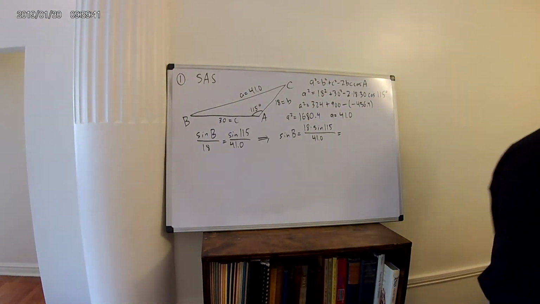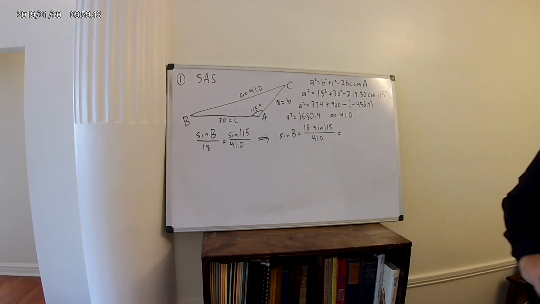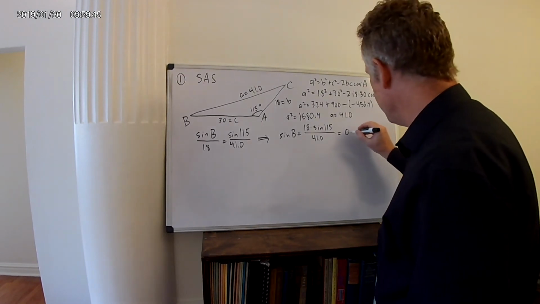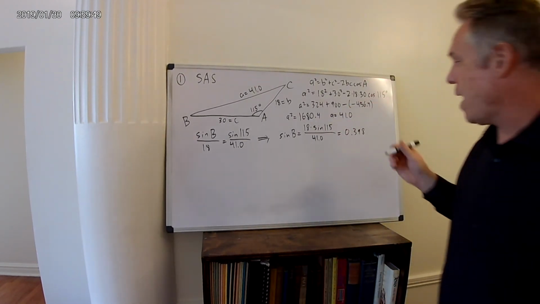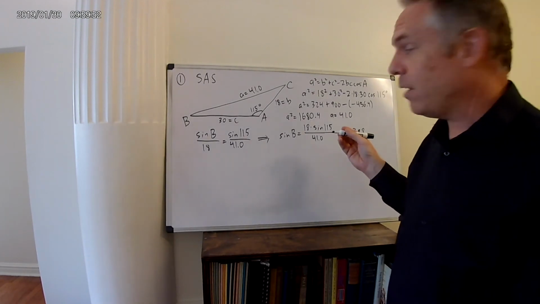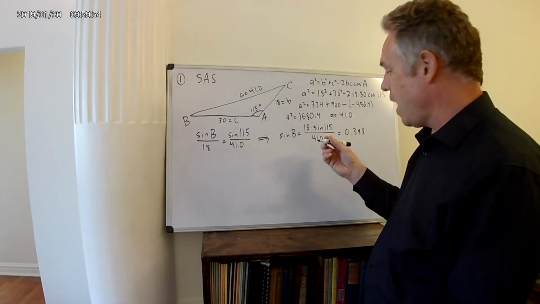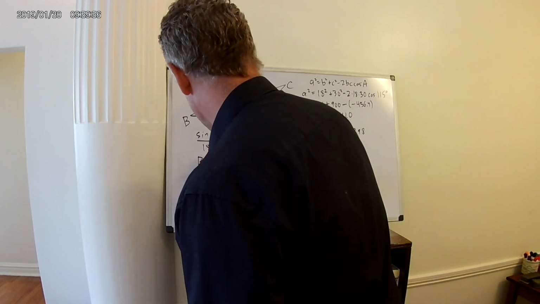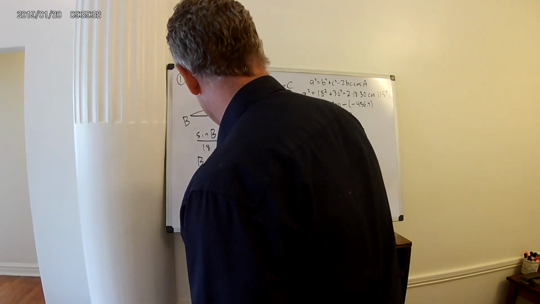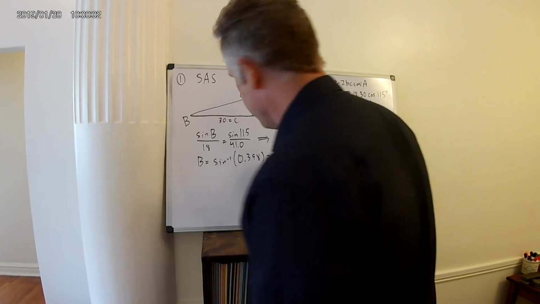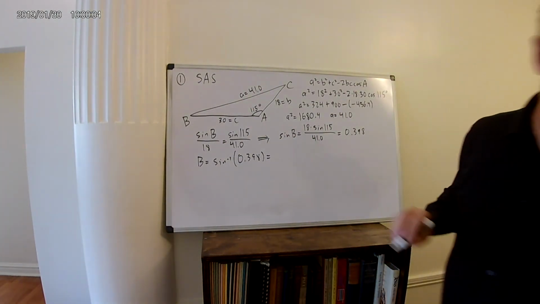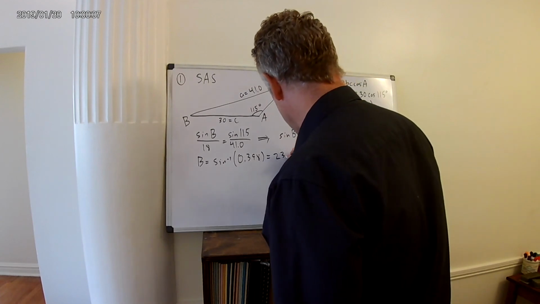And this comes out to 0.398. Now this is the sine of B. To get B, we have to take the inverse sine, because we're not interested in sine of B, but angle B. So angle B will equal the inverse sine of 0.398. And this comes out to 23.5 degrees.